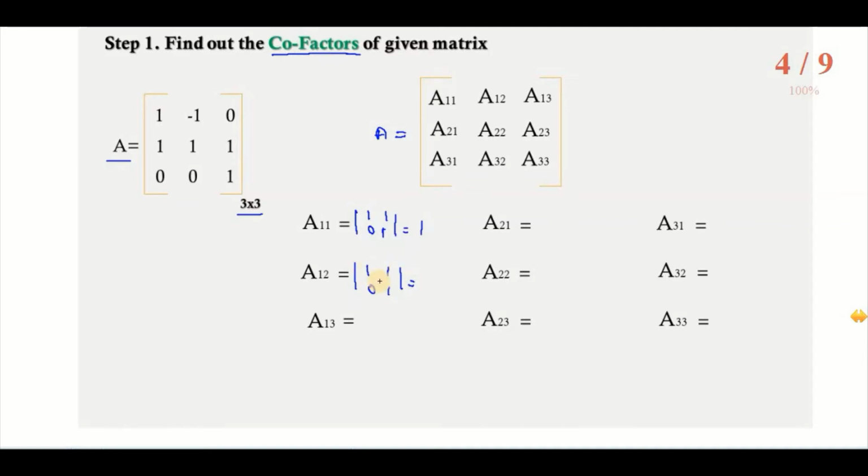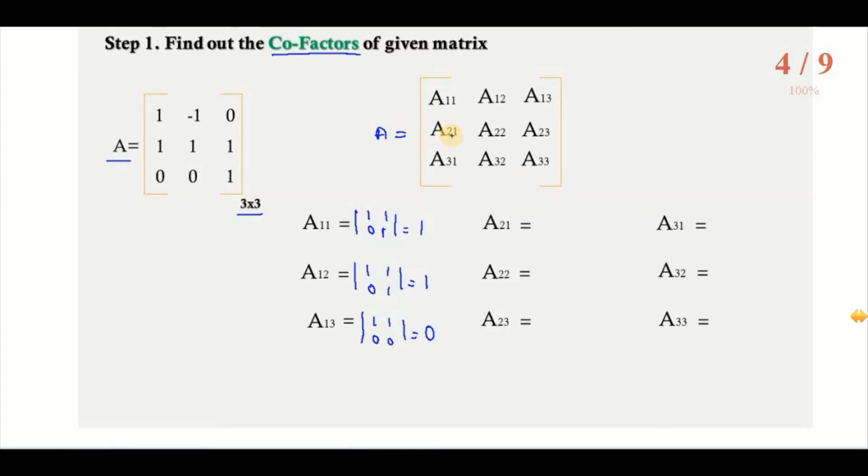So 1 into 1 minus 1 into 0, so we are getting 1. Then A13 means first row and third column. So what is remaining? 1 1 0 0. Cross multiplying 0 minus 0, so we are getting the value as 0.